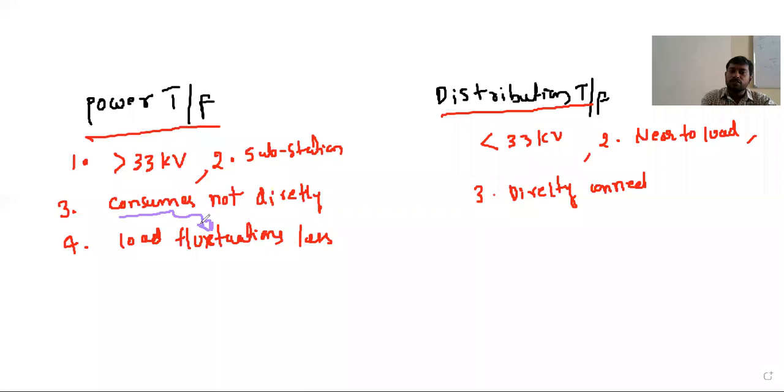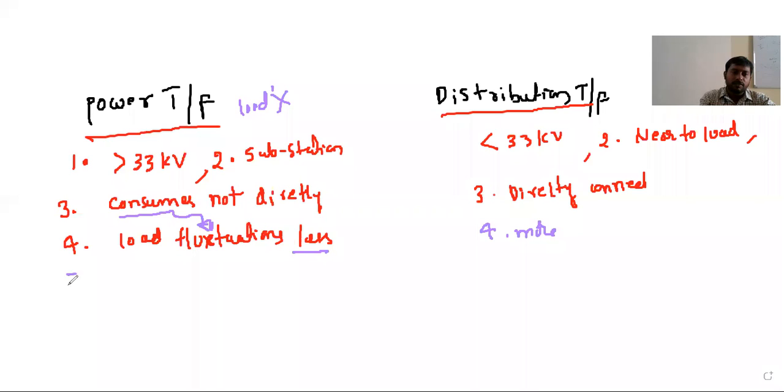Load fluctuation is nothing but if any load is disconnected, another nearby load will fluctuate. Because of that, some disturbances will take place. Such disturbances are called load fluctuations. So load fluctuations are less in the power transformer because loads are not directly connected. Here less and here more.